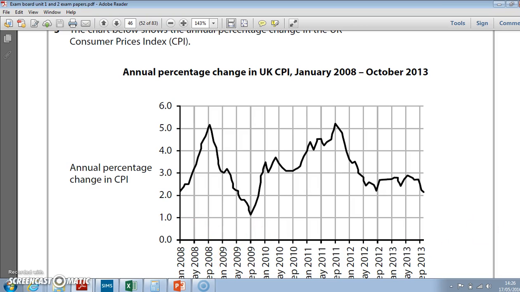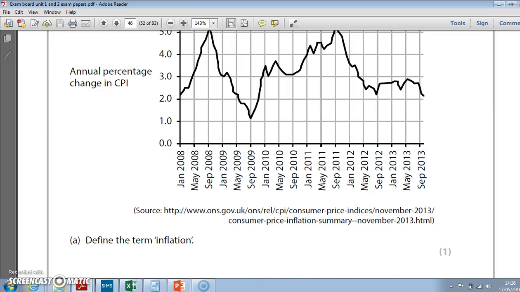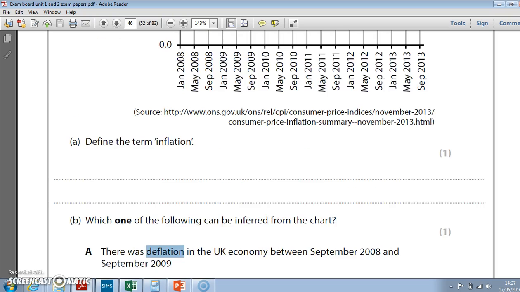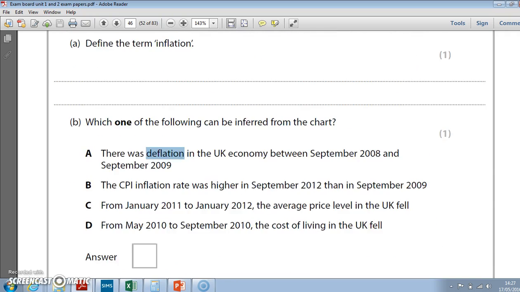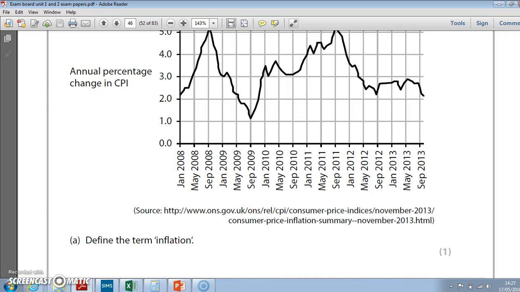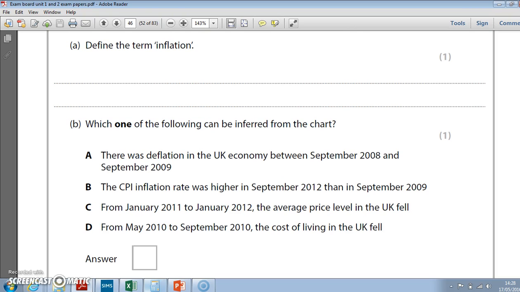Therefore, it can't be deflation. So we know the answer is definitely not A. If we have a look at the other ones, we can see the answer must be B, that inflation was higher in 2012.